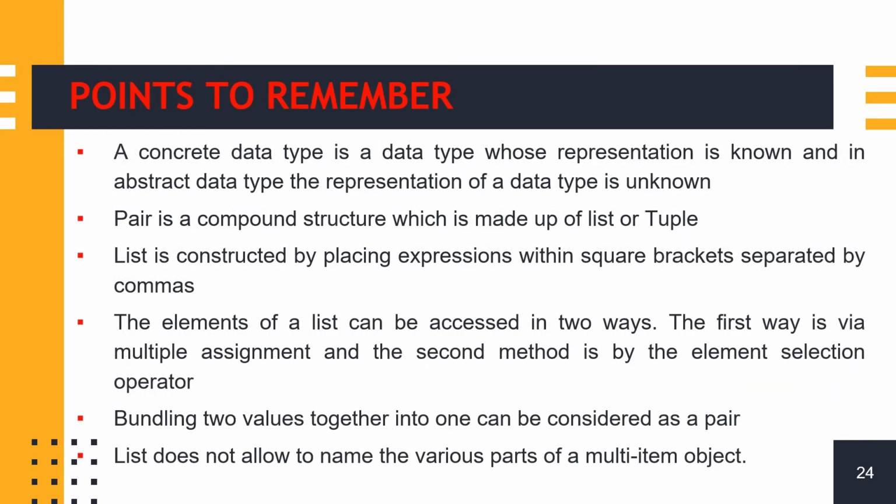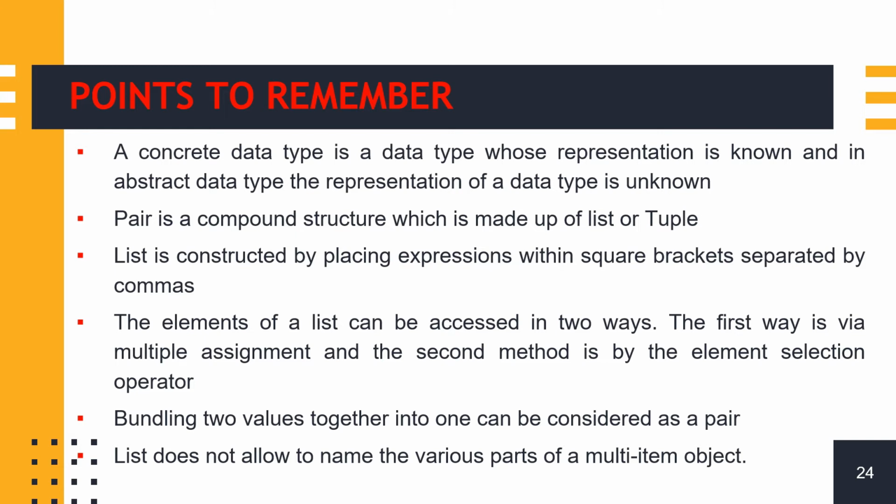Now a concrete data type is a data type whose representation is known, and in an abstract data type the representation of the data type is unknown. These are points to remember. A pair is a compound structure which is made up of a list or tuple. A list is constructed by placing expressions within square brackets separated by commas.